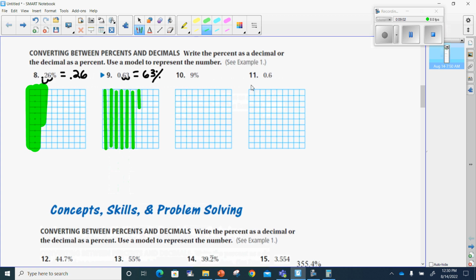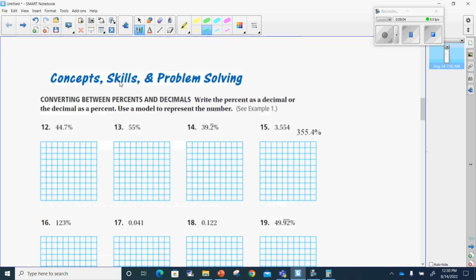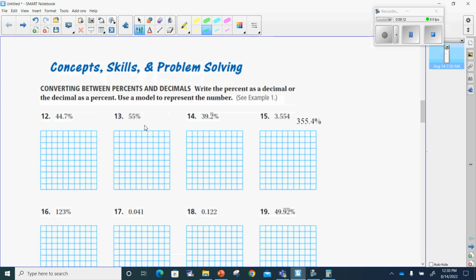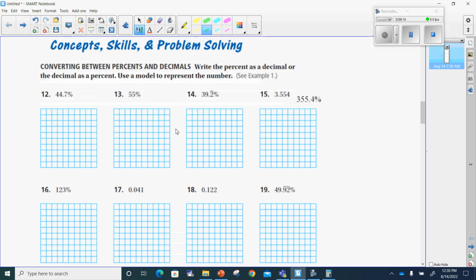All right, the others are for you to do. Concept skills, it says, write the percent as a decimal or the decimal as a percent. Use the model to represent. Once again, we're doing the same thing that we did a little while ago, except they're doing some decimals here, okay? And that's fine. You should not be scared.